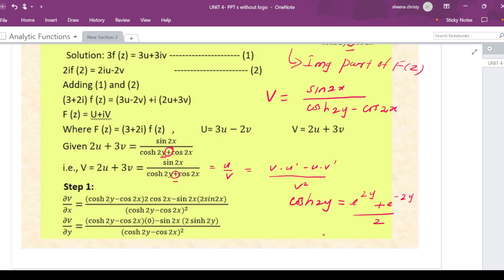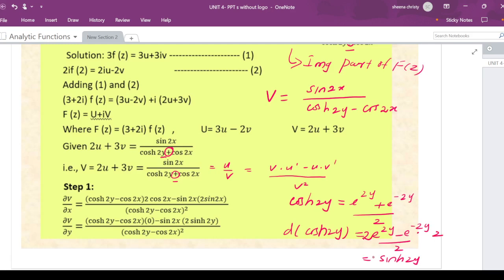Differentiate this with respect to y: d/dy of cosh 2y gives (e^(2y) - e^(-2y))/2, which is sinh, but here we have 2 in the power, so you get 2 into that.